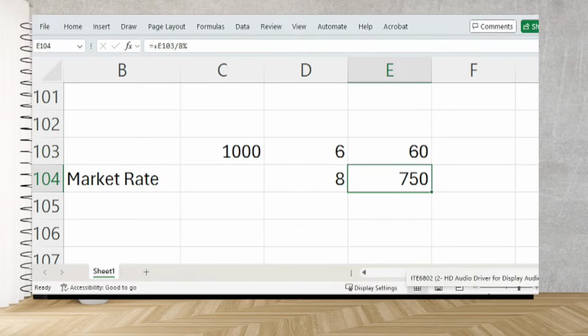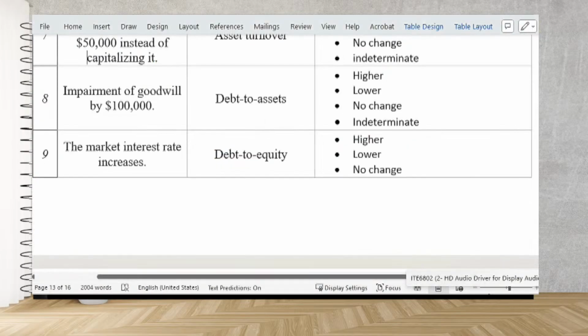So the denominator increases and the numerator decreases. So it is lower. Clear?